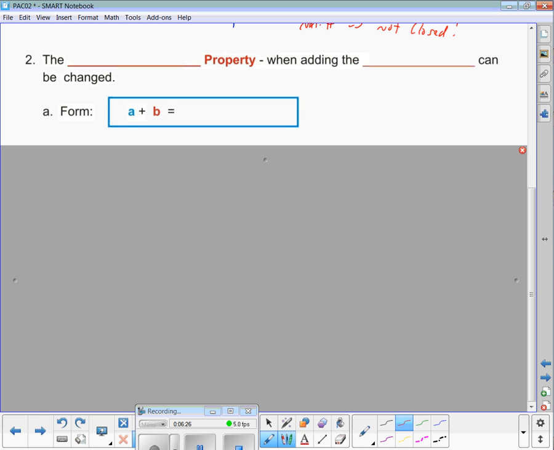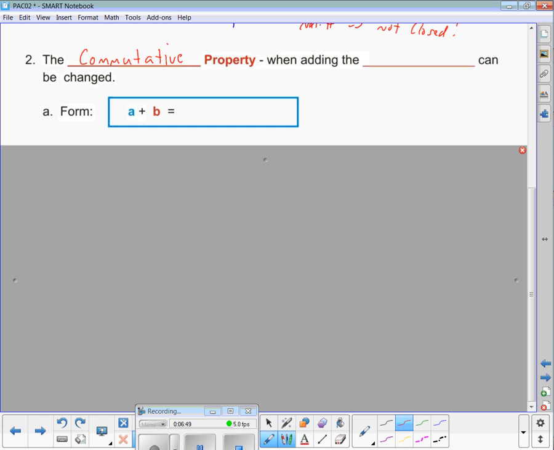The first property is called the commutative property. C-O-M-M-U-T-A-T-I-V-E. Let me say it again for you. C-O-M-M-U-T-A-T-I-V-E, the commutative property. Now, let me boil it down to the basics for you. Here's basically what the commutative property says.